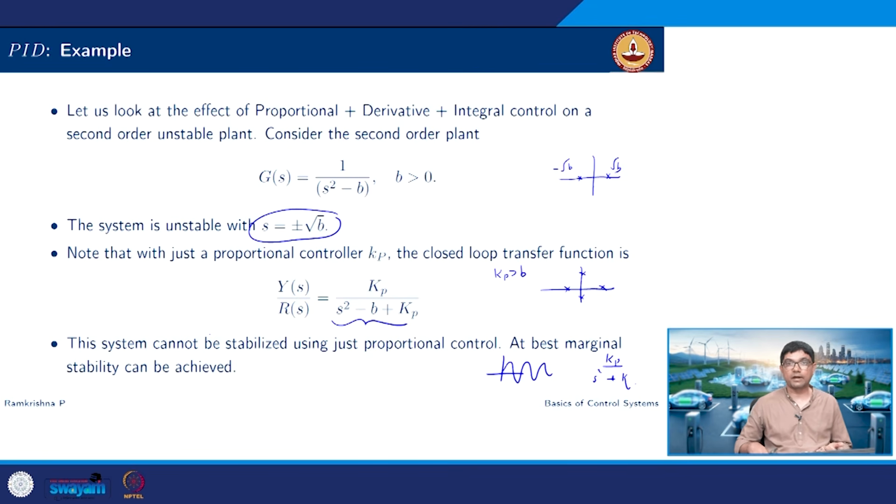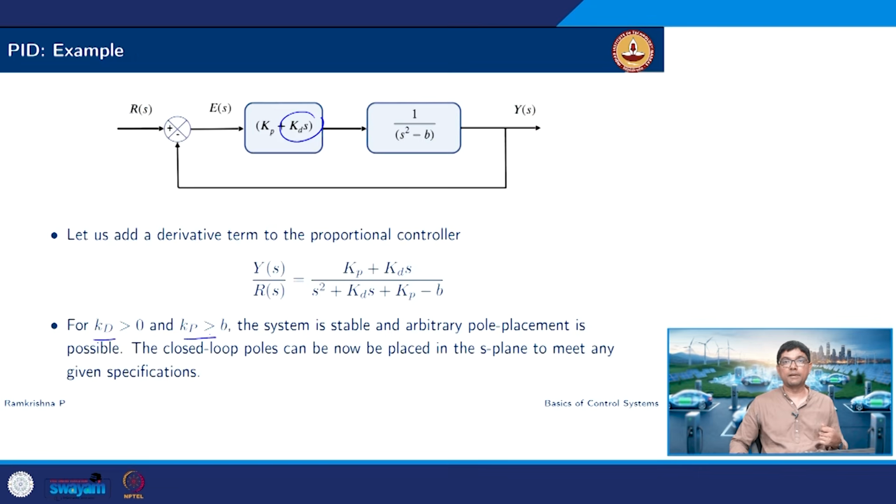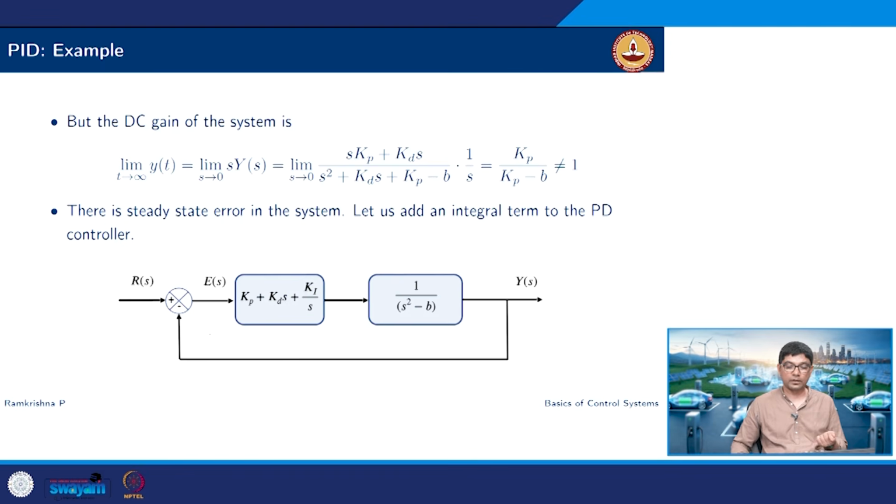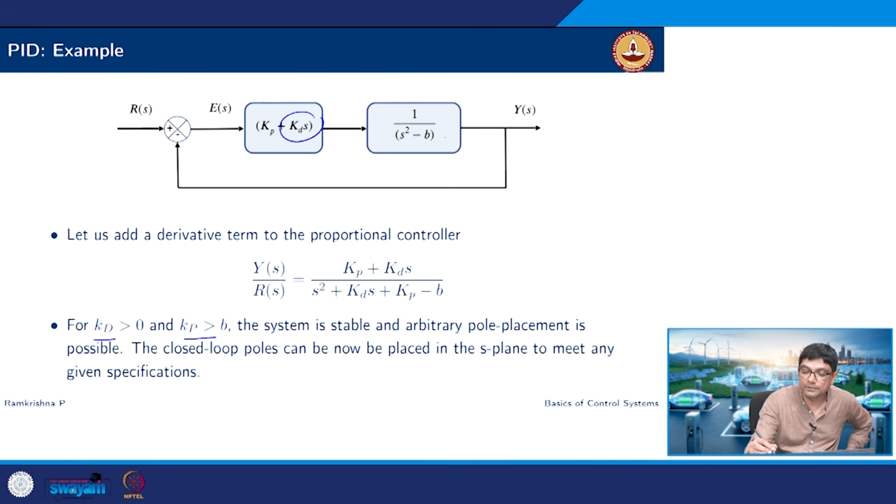So the first thing I have done is, with the help of my P controller, I can make an unstable plant marginally stable, and with the help of the D component, I can make the marginally stable system asymptotically stable. Okay, good. Now this system will have a steady state error because this is a type 0 system, no integrator.